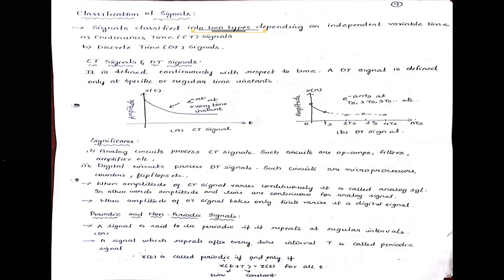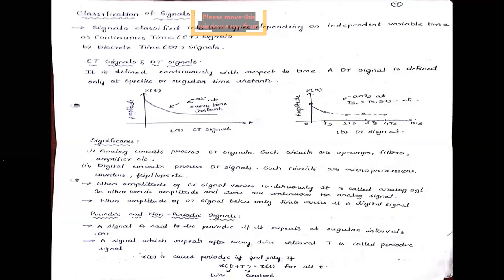And what is the definition of a continuous time signal? If both time on the x-axis and amplitude on the y-axis are continuous, then it is called a continuous time signal or analog signal. And discrete time signal means the time is discrete and amplitude is continuous.